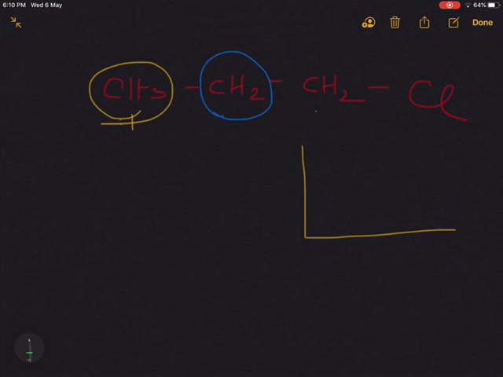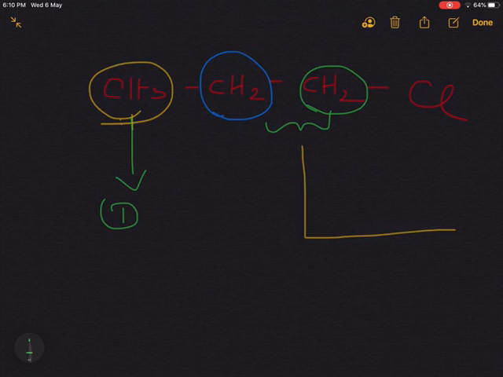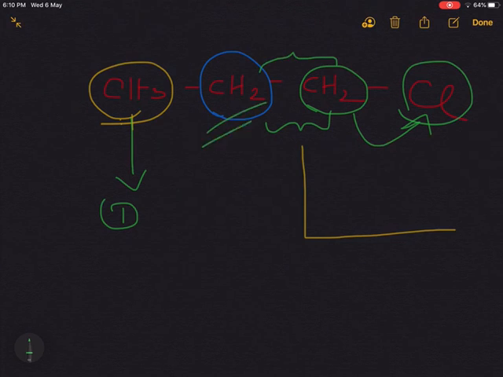We get one peak corresponding to the CH3 group. And what about the two CH2? The second CH2 is attached to an electronegative atom, chlorine. Therefore, the chemical environment of the two CH2 groups is different. Therefore, we get two peaks corresponding to the two CH2 groups.